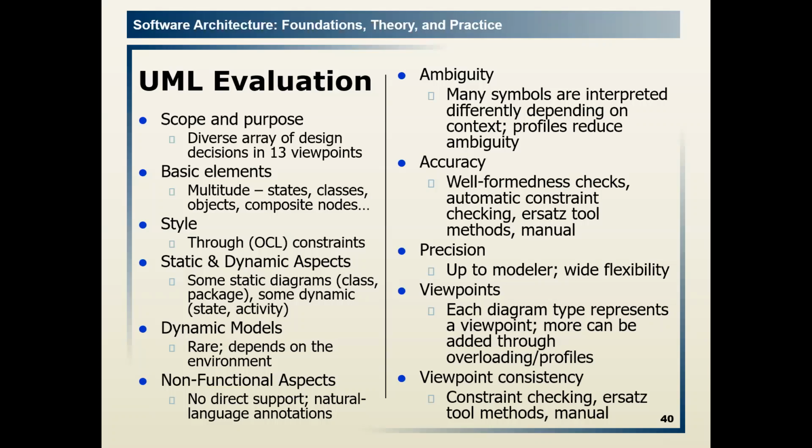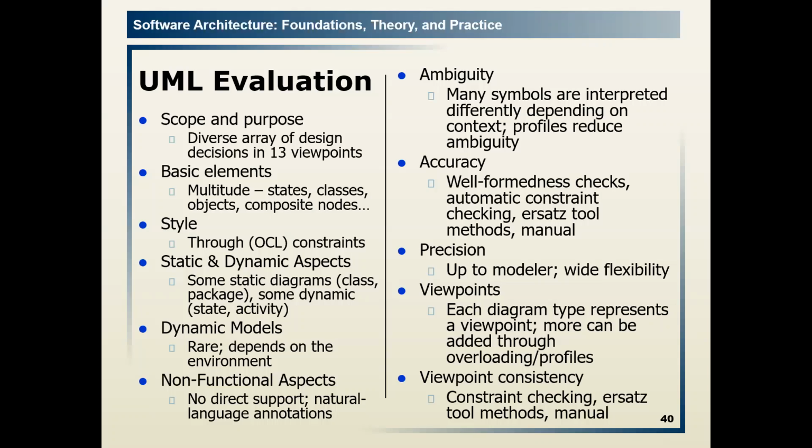Then it reduces the ambiguity. Then the accuracy is high because of the well-formedness checks, then automatic constraint checking, and there is a lot of CASE tool support that can ensure accuracy, and other accuracy checks will have to be done manually.